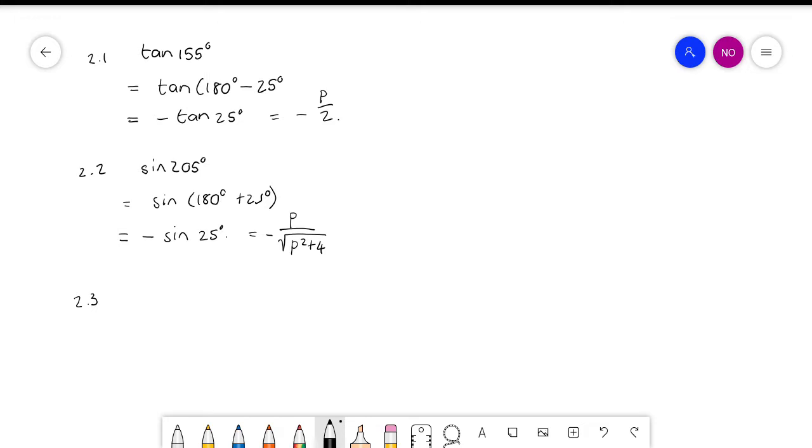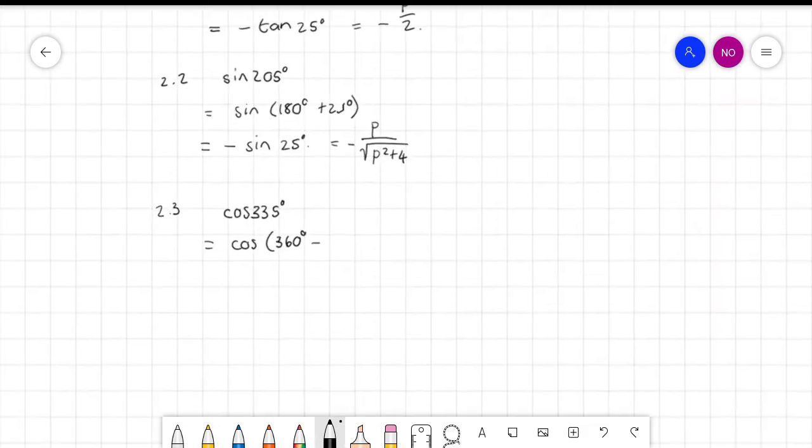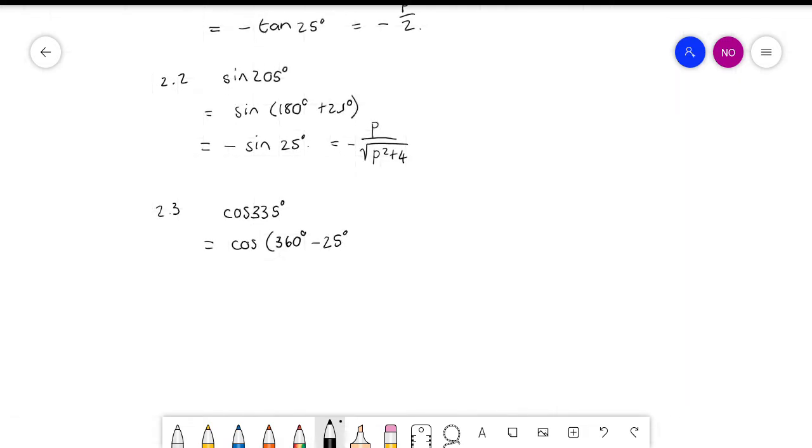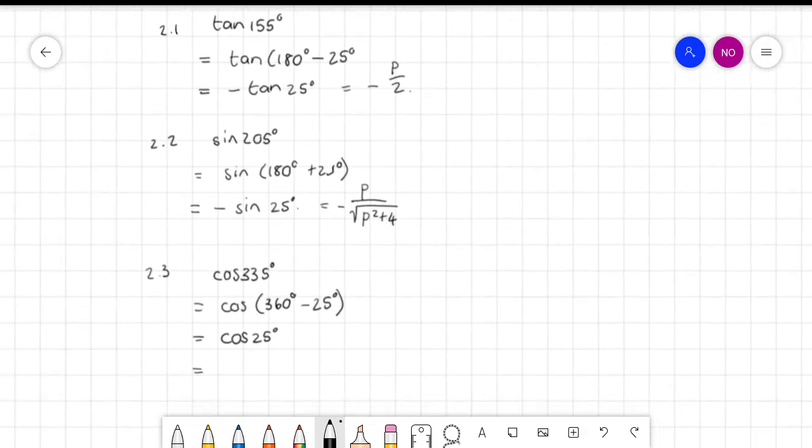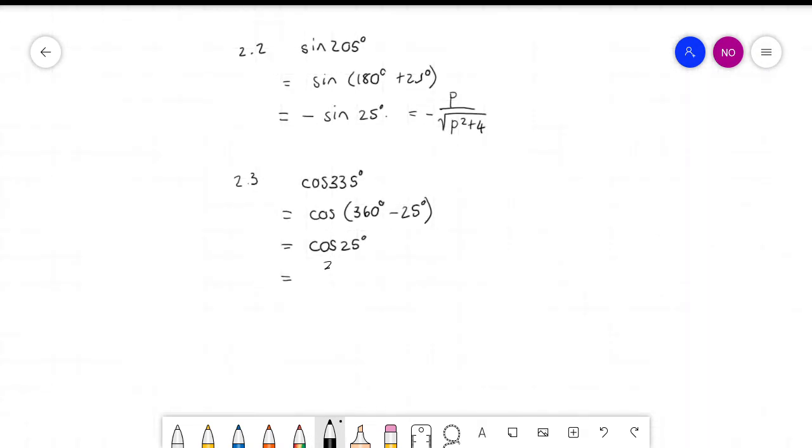2.3 cos van 335 grade is cos van 360 grade minus 25. So it's positive cos of 25 degrees. So dit gaan wees 2 op wortel P kwadraat plus 4.